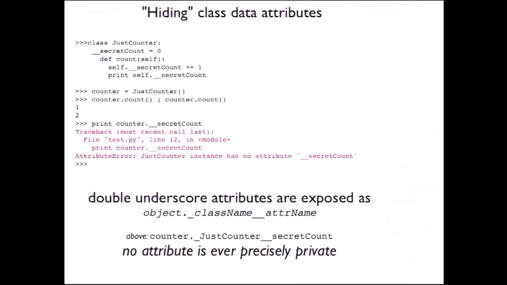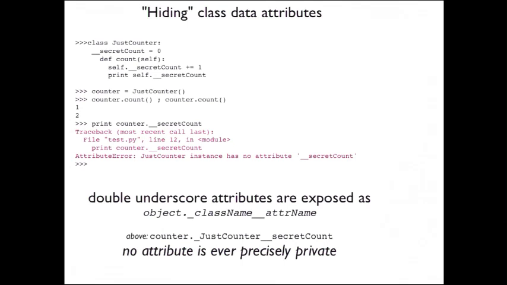Oh. So even though this is a legitimate attribute of the Counter class, I was able to hide it. And it turns out it's not actually hidden. If I really wanted to access it, I could, and I would access it with the object, underscore, class name, underscore underscore, super secret attribute.